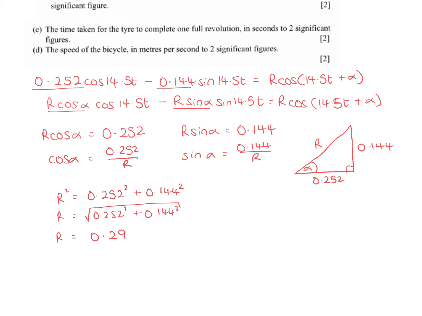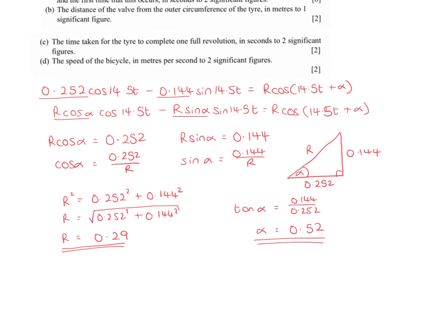And the same, I could think of this as tan alpha equals 0.144 over 0.252, so alpha equals tan to the minus 1, or arctan, of that, and alpha equals 0.52 radians. So I've got those two values.